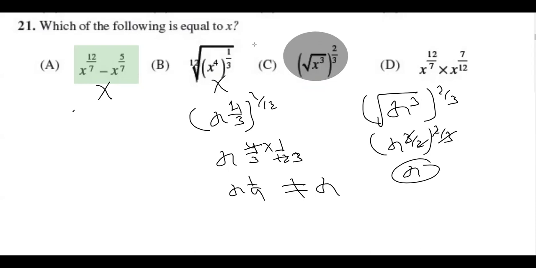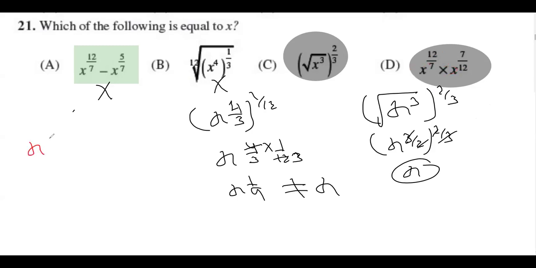That's the correct answer. But let me also solve this one. A student not mindful in the examination may cancel this and write this as x square or something like that. We shouldn't do that. When the bases are multiplied, the powers are added.